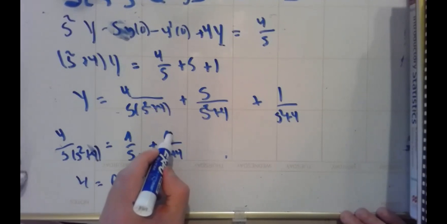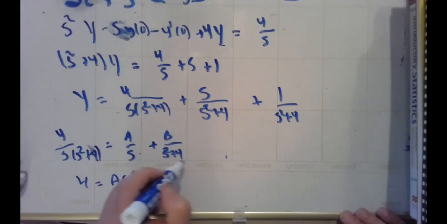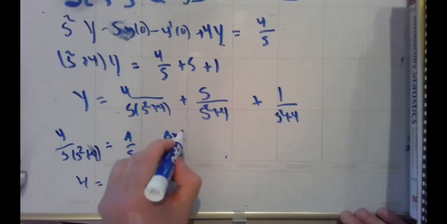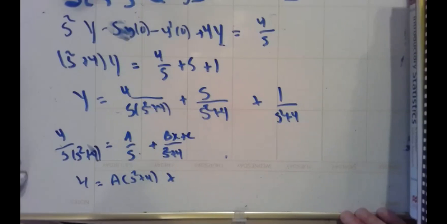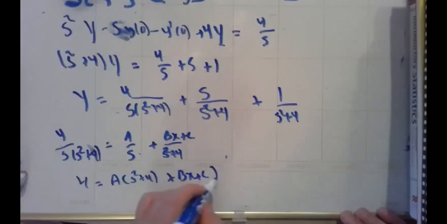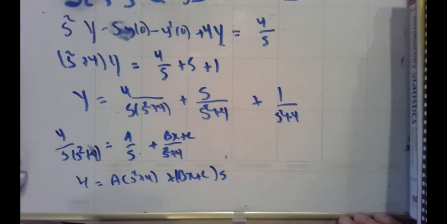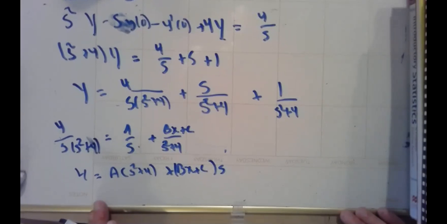We need, this is an irreducible quadratic. This one has to be linear. So I need a Bs plus C times an s. And I'm trying to find A, B, and C.